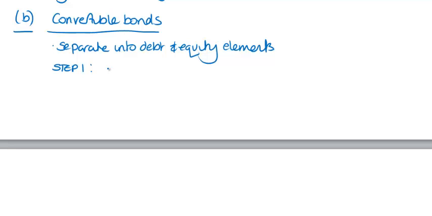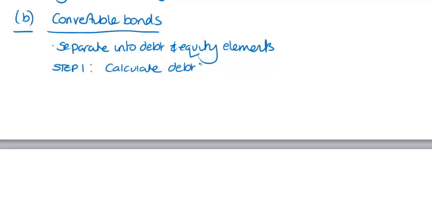Step 1. We calculate the debt. So what's going to happen here is the bonds have got a term of 3 years.